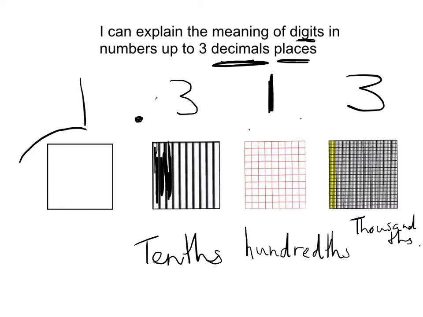So when we're reading numbers to 3 decimal places, the digit just to the right of the decimal point is a tenth. The digit 2 places to the right of the decimal point is a hundredth, and the digit 3 decimal places away from the decimal point is the thousandths.